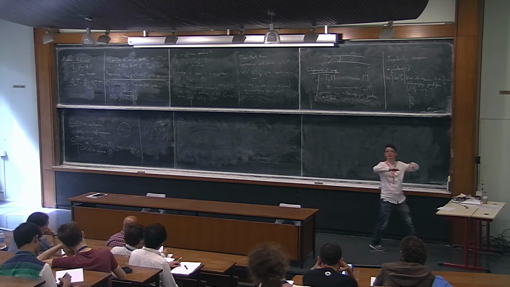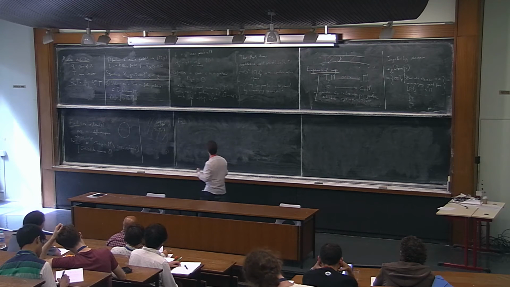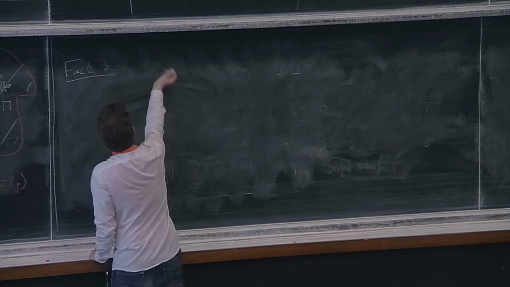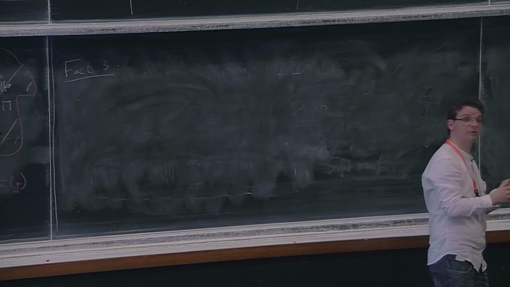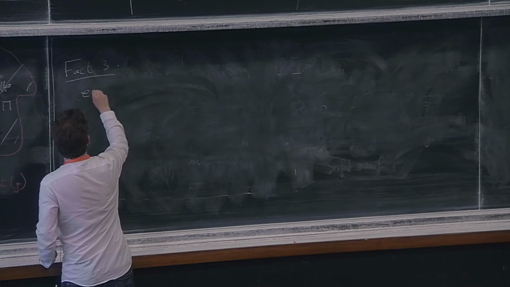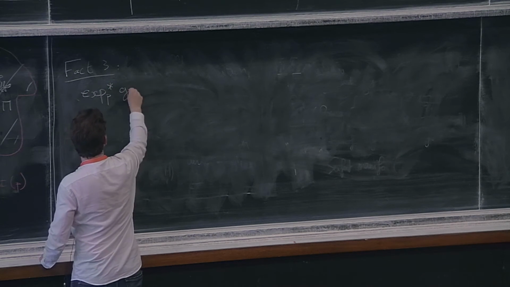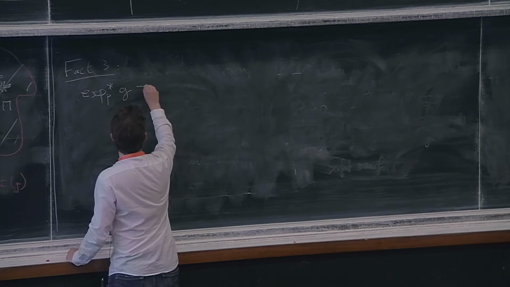I can look at what the metric looks like in this coordinate chart. So how do I do that? I take the pullback of the metric on M through this exponential map. And I get the following stuff. The pullback of g here is of the following form.